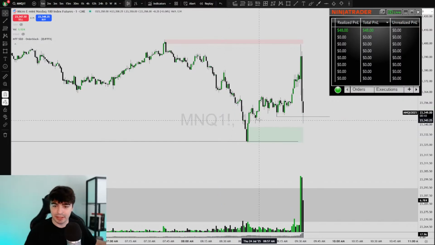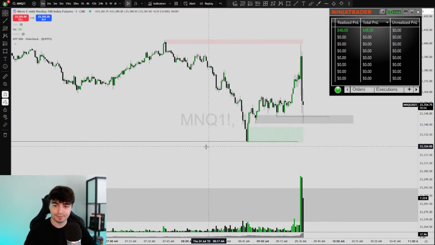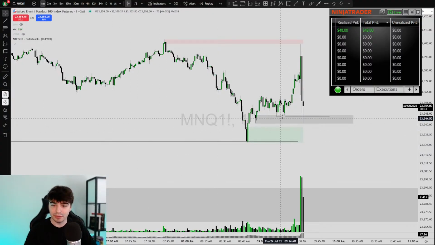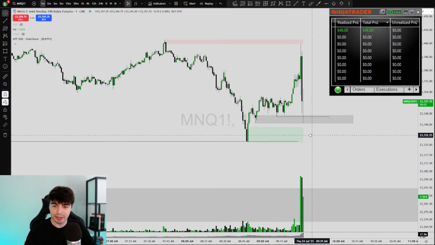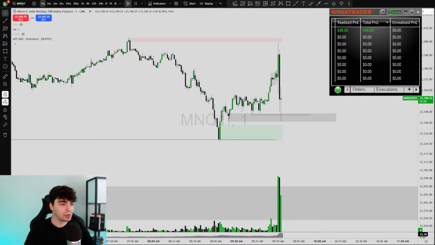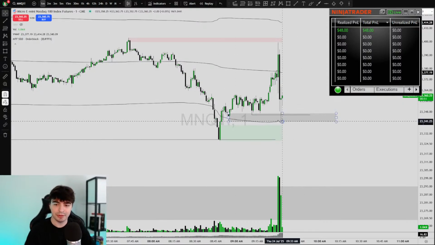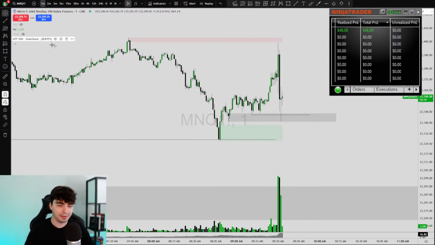Oh, I don't like that it does that, though. It just got rid of the zone as soon as it gets a little bit breached. Alright, well, there's a potential long already, but market just opened here. I don't know if I want to take something so soon, although that definitely was a nice setup.